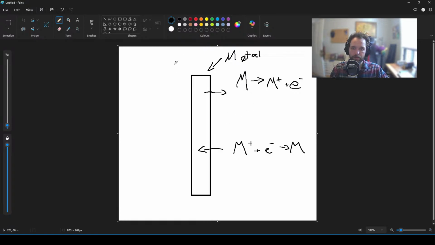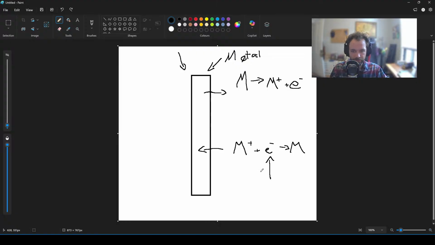When you provide current to a cathode, or to a metal, what's going to happen is you're going to increase the electrochemical potential of electrons. And so it's going to be favored to move towards the product side, because it's always a balance. It's sort of like Le Chatelier's principle meets potential energy.